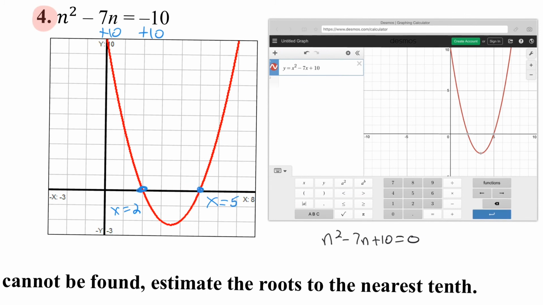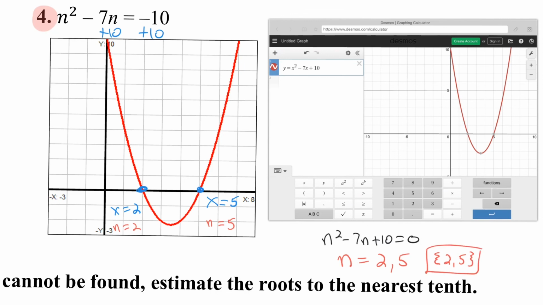The values for x, or in this case, n. Notice that we have n over here. So I'm just going to change that x to an n just to make it the same. So let me change that to n equals positive 2, n equals 5. So I'm going to put n equals 2 comma 5, or you can use brackets. 2 comma 5 are your solutions.